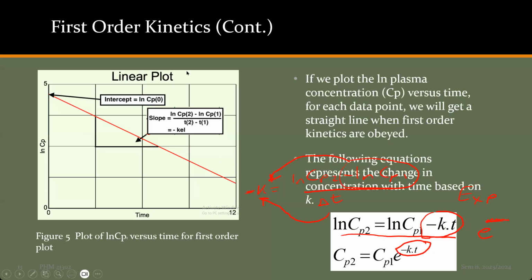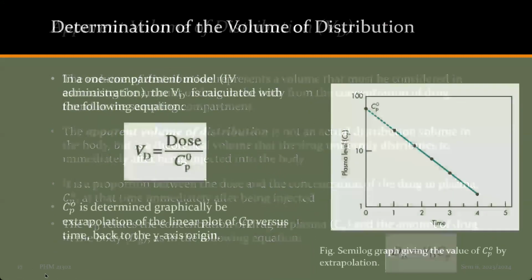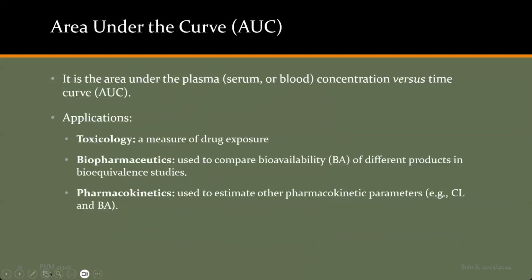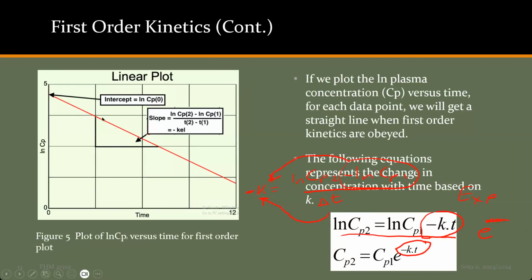For example, if I give you 2 points, I tell you in a problem that you have given a certain dose of a drug by IV, and then you got that the concentration, for example, at 3 hours and 7 hours was this value and this value.